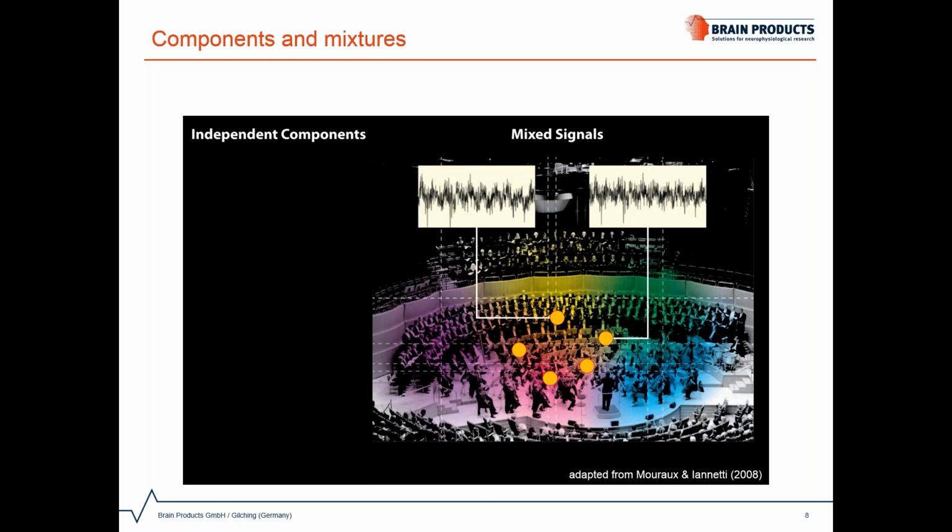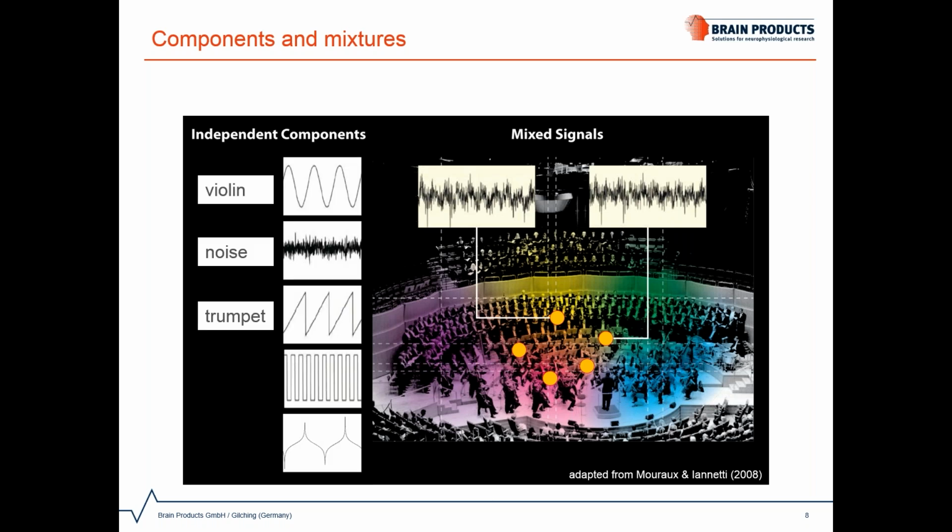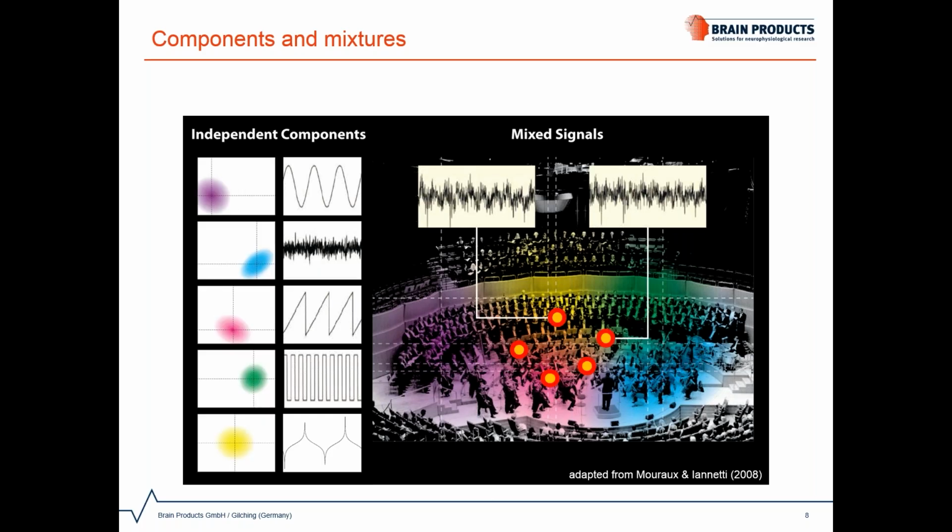I will get back to them in more detail, but some major assumptions are: the signal has to be a mix of independent sources with temporally independent time courses. Here, every instrument would need to have their own sound profile and to play their own tune. Furthermore, the recording sites as well as the sources of the sound have to be stationary. This is given if the players and the microphones stay where they are throughout the recording.